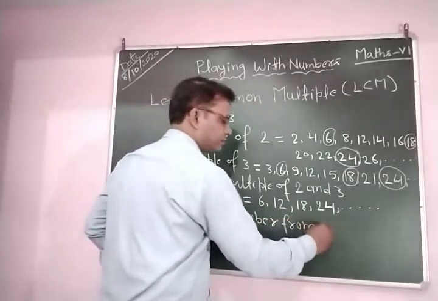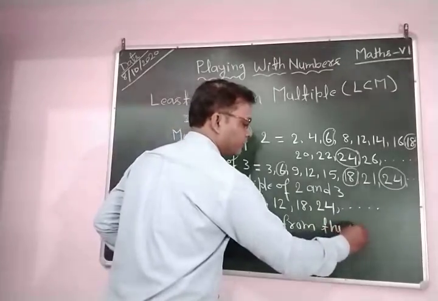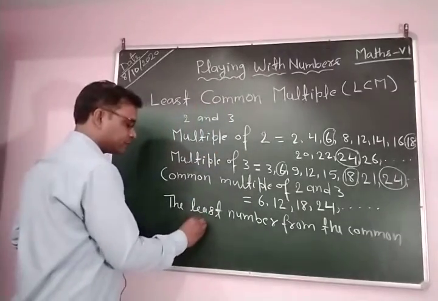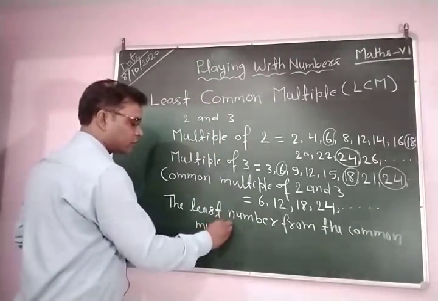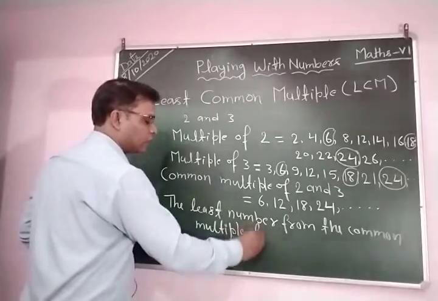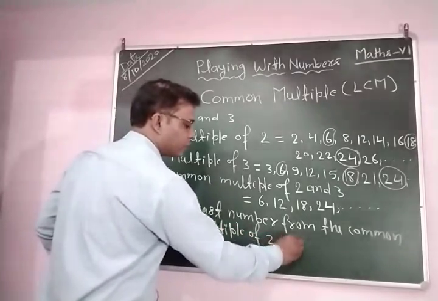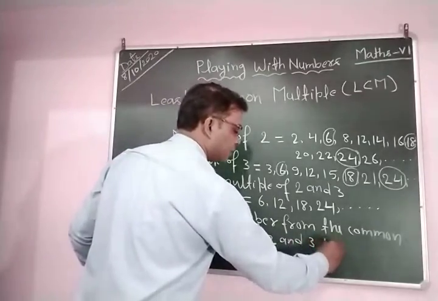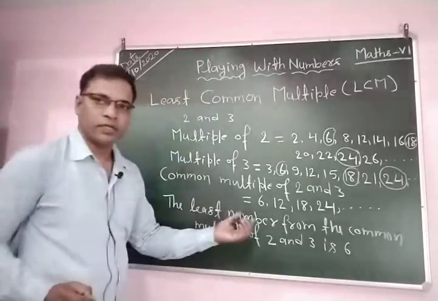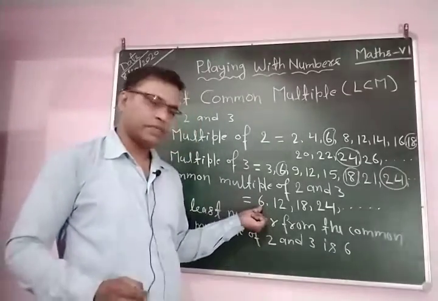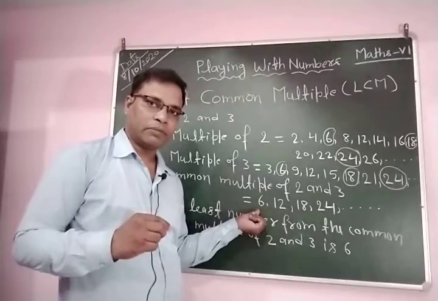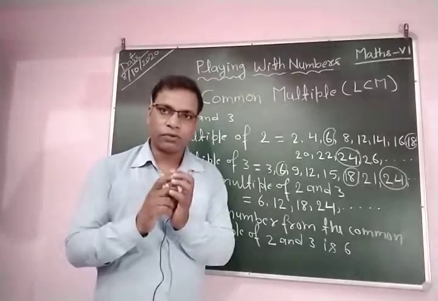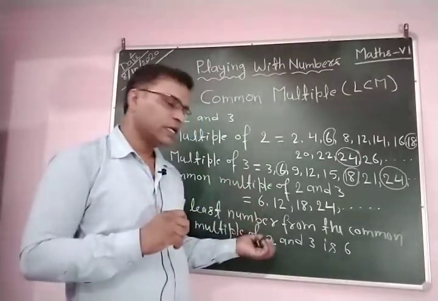The least number, or lowest number, from the common multiples of 2 and 3 is what? 6. You can see 6 is the least, lowest common multiple of 2 and 3. So 6 is the number which is the least or lowest common multiple of 2 and 3.